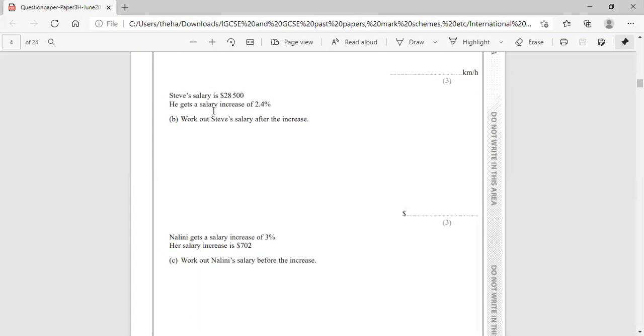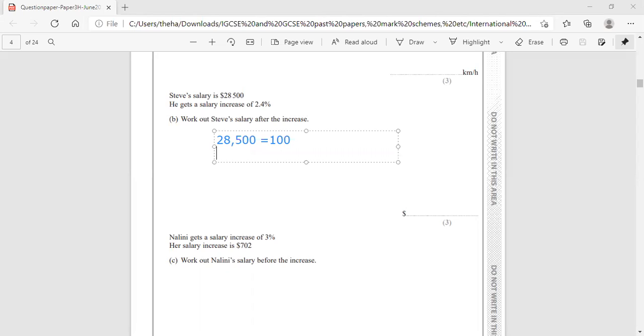Okay, so Steve's salary is $28,500. He gets a salary increase of 2.4%. So work out Steve's salary after the increase. What we can do here is write out that 28,500 equals 100% of his salary, but his new salary is going to be 102.4%.